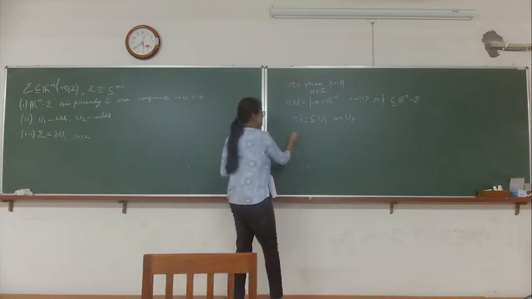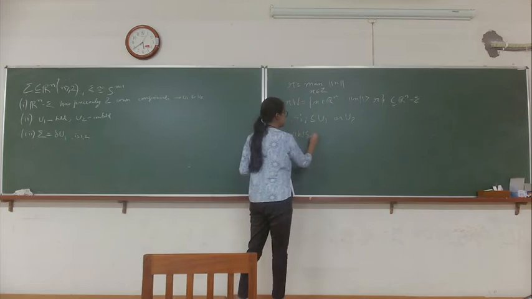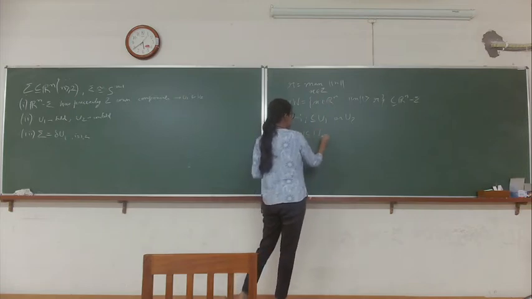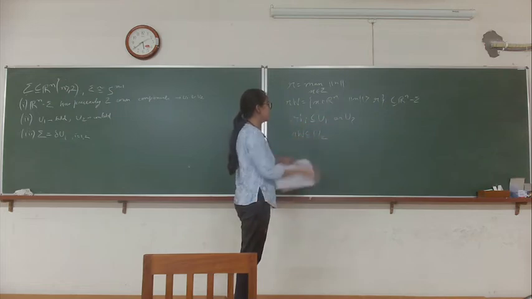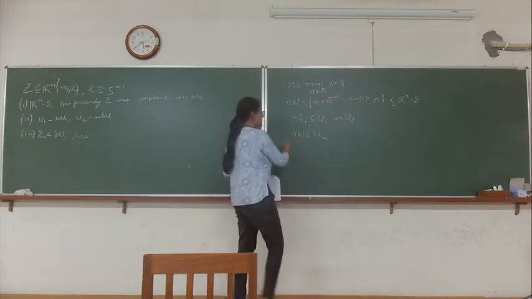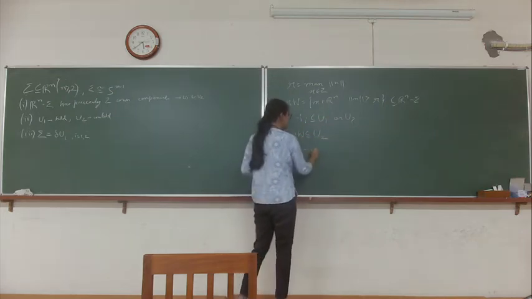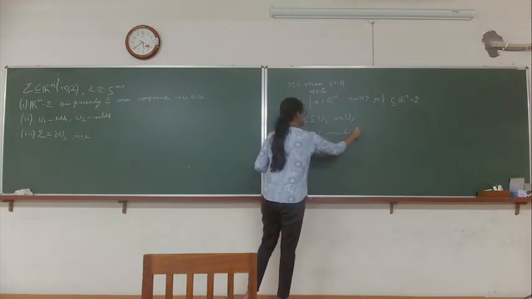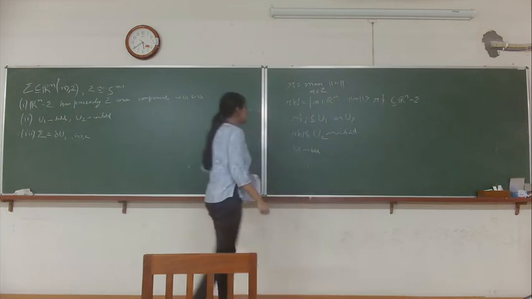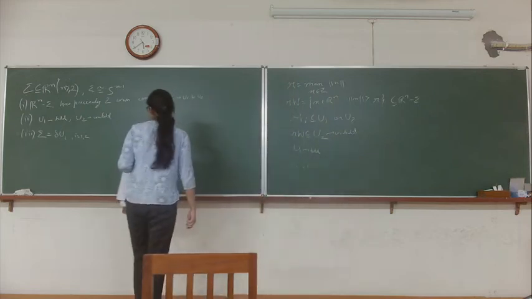So if we consider W to be contained inside U2, then W is clearly unbounded. So we get U2 to be unbounded, and hence we get that U1 is bounded. This proves the second part of our theorem.